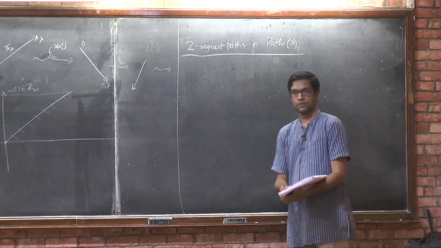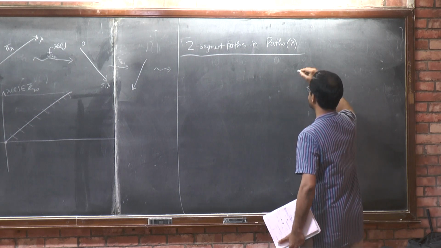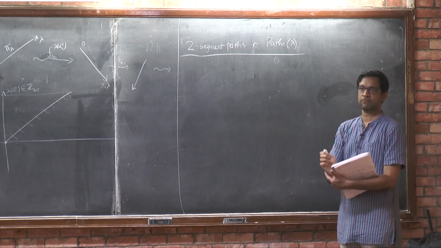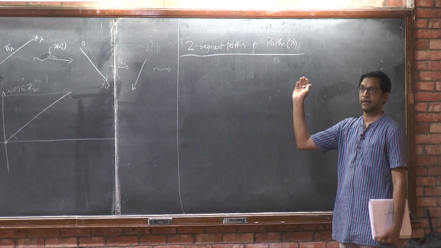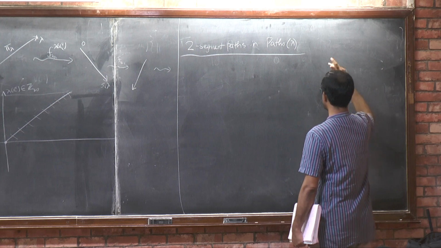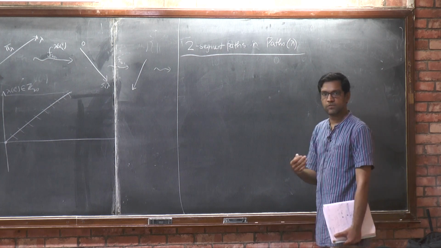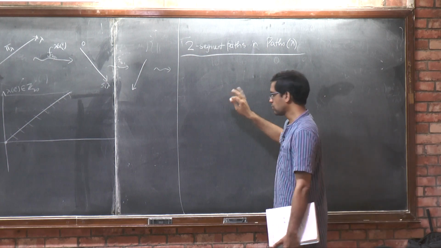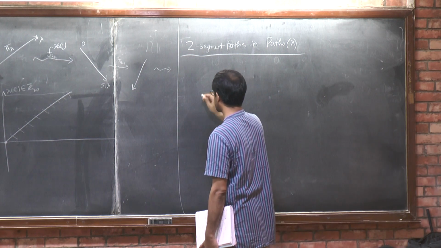Okay, so it will turn out not to be the case. There are some further conditions that the two segment path will have to satisfy before it can possibly lie in B lambda. So let's do a little bit of heuristics here just to see what sorts of conditions will be necessary. I'm not going to do this too rigorously, just think of it as heuristics at this point.